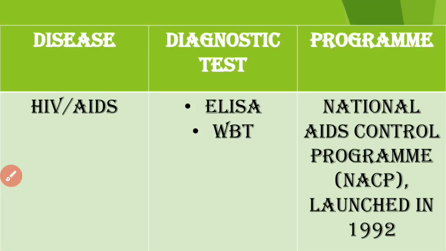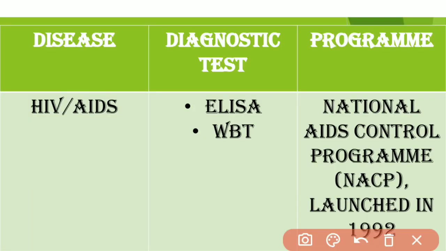So next one is HIV or AIDS, the human immunodeficiency virus or acquired immunodeficiency syndrome, which is generally transmitted by infected blood, semen or vaginal fluids, or sexual transmission with infected partners.